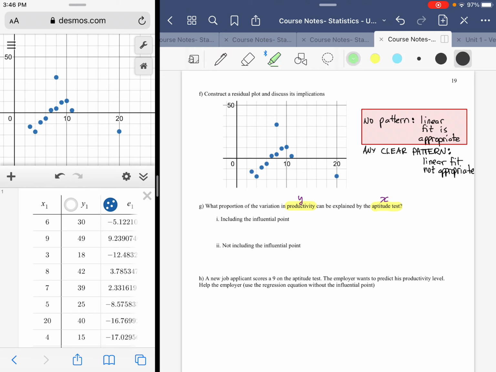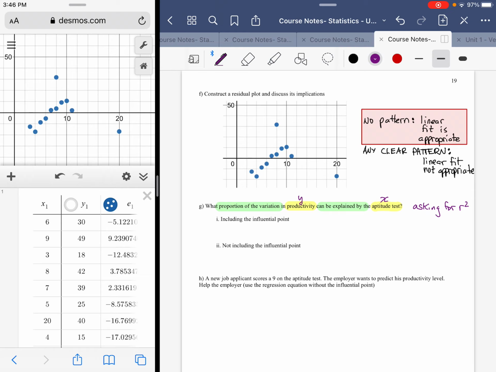So if they ever ask you for the proportion of variation that can be explained, the framework of the question will always be what I have highlighted in green. That is asking you for the r squared value. So this is asking for r squared.